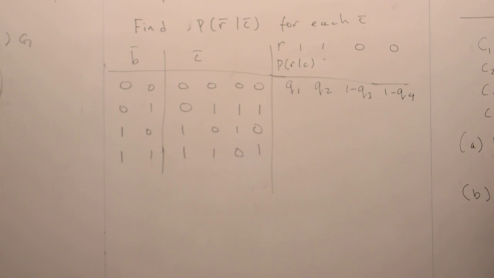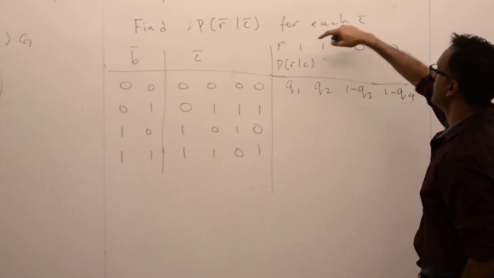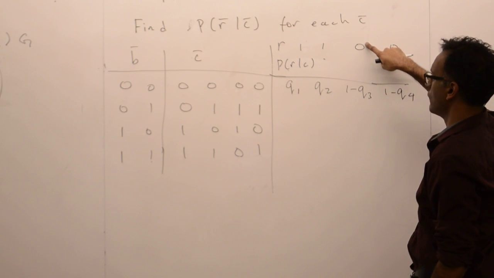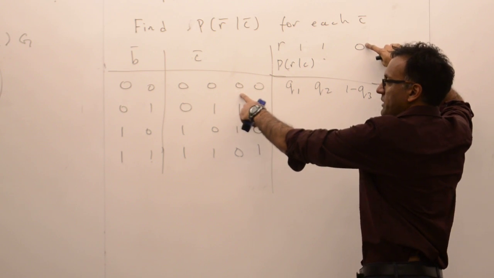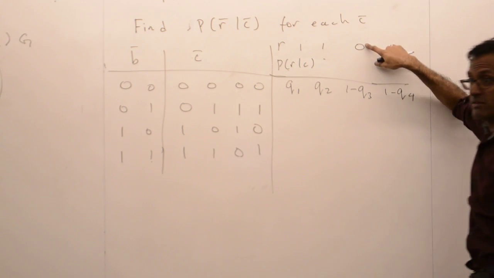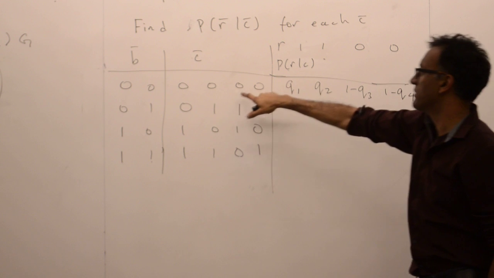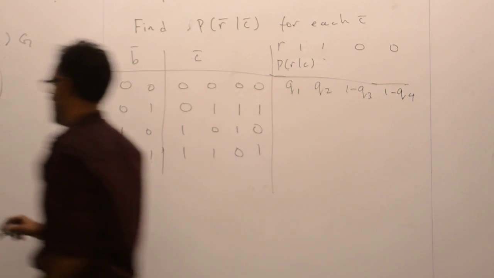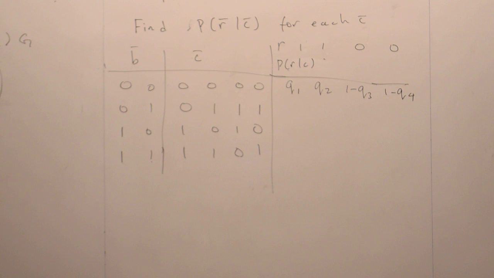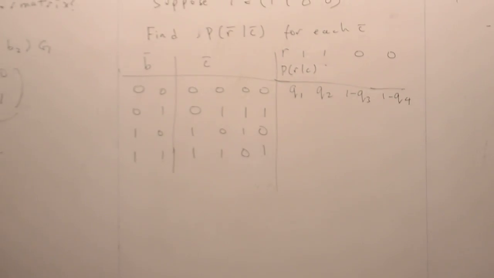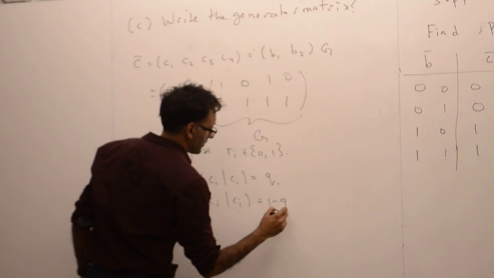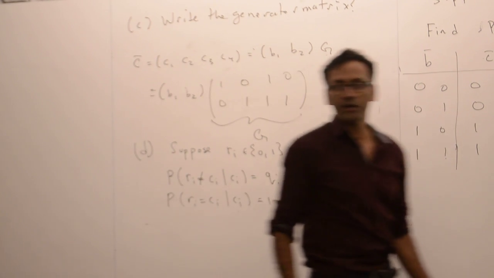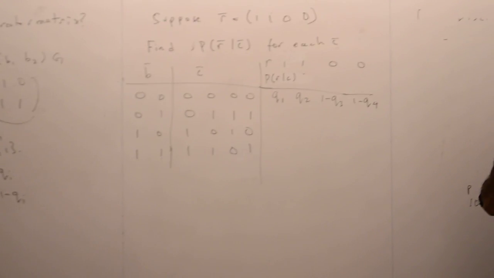How do you know one's an error and one's not? Because I received here a 0. Had this code word been transmitted, it would have also transmitted a 0. So that means Ri would have equaled Ci, so the probability that Ri is equal to Ci is 1 minus Q1. Because for a given Ci, it's either equal or not equal.